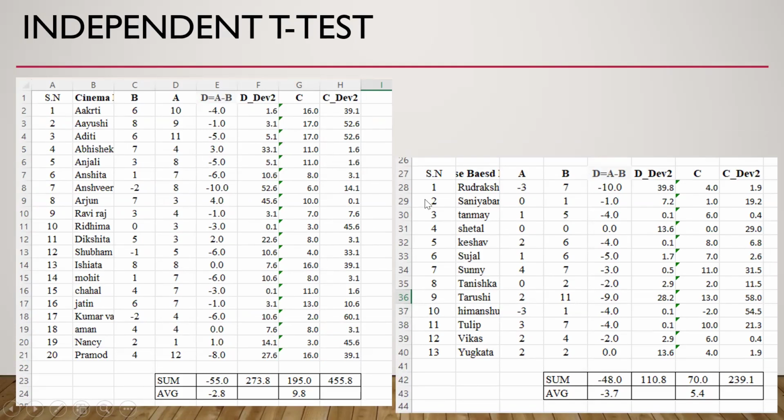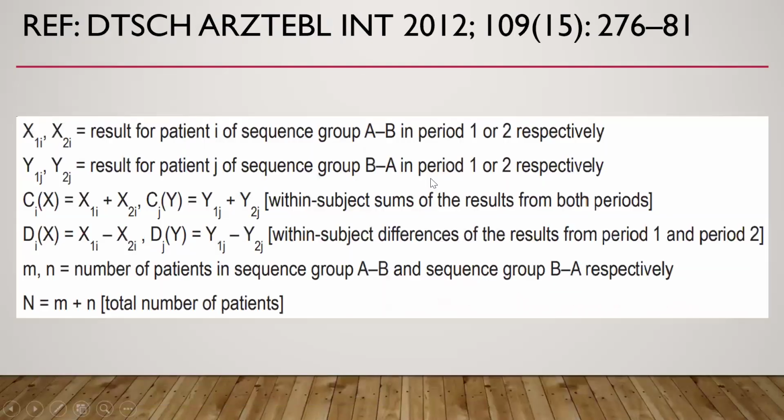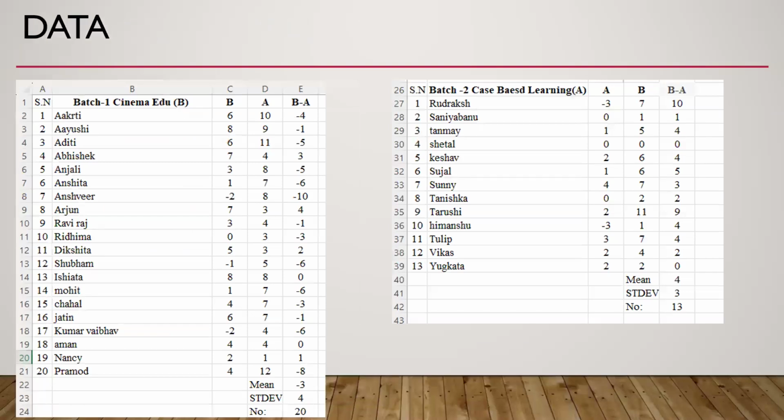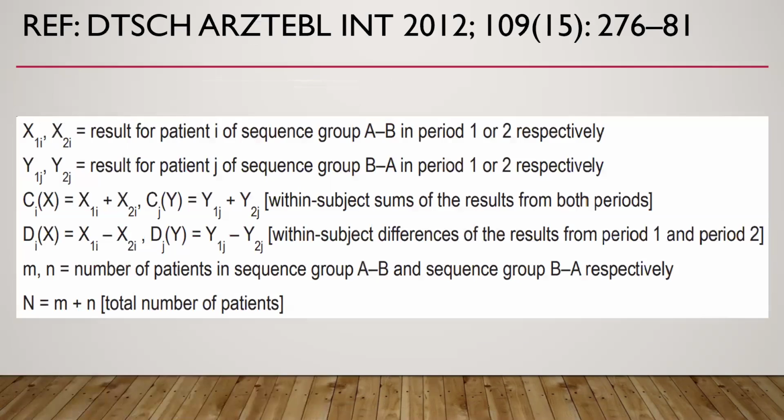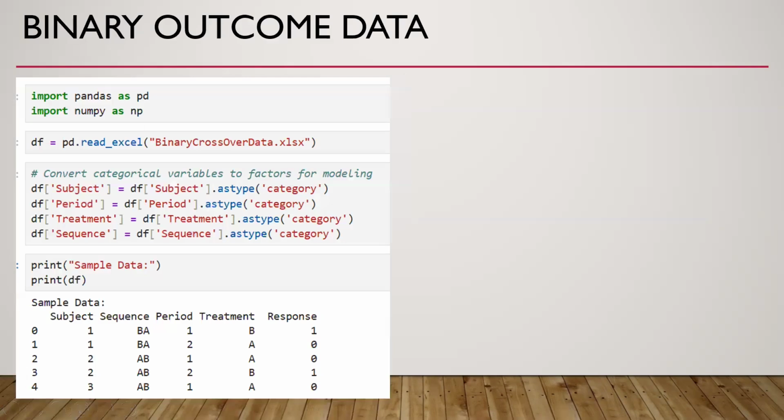So we do the calculations as per these formulas. Accordingly, we calculate, and we found that the t value was 2.6 and it was statistically significant. So in our present example, although there was no difference between treatments, there was a significant carryover effect. So let us see how to go about it when there is a binary outcome.